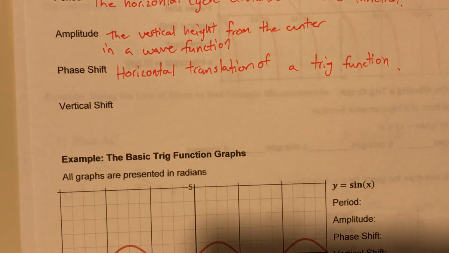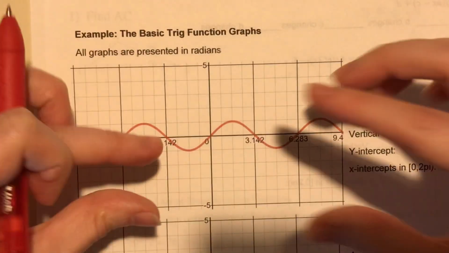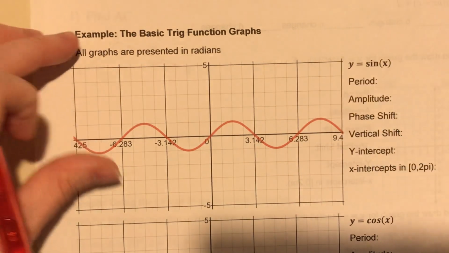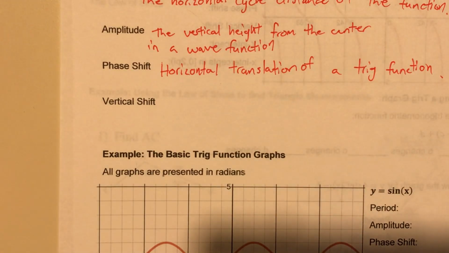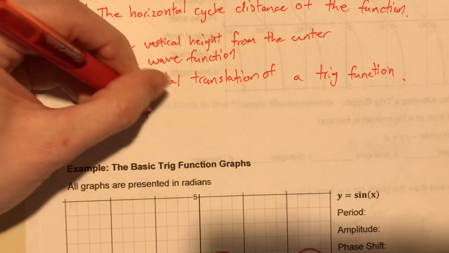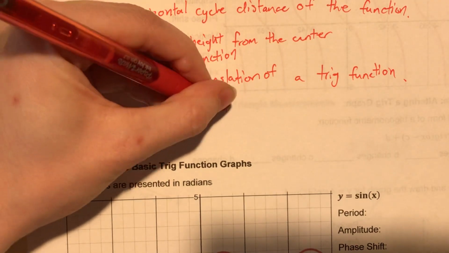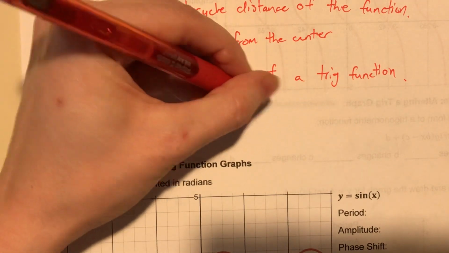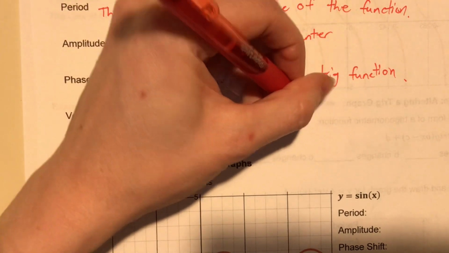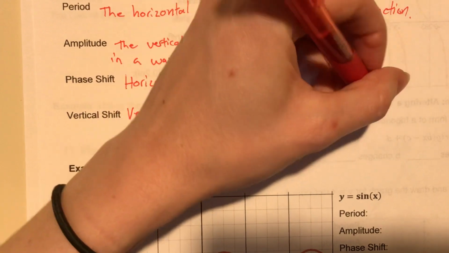All right, and then vertical shift is just the other component of that. We can take this wave function and we could move it upwards on the axis. And that would be a vertical translation of a trigonometric function.